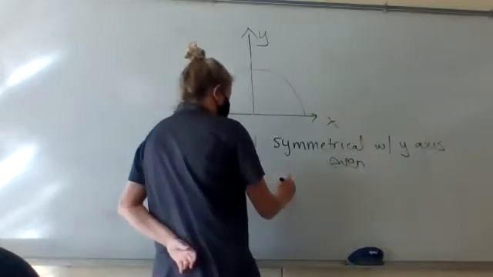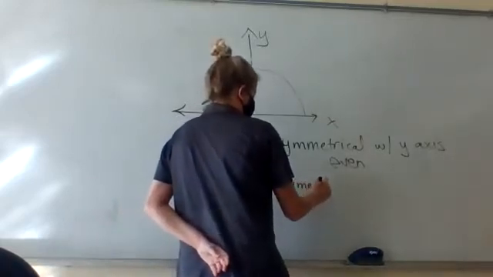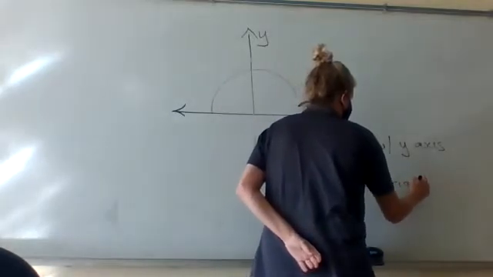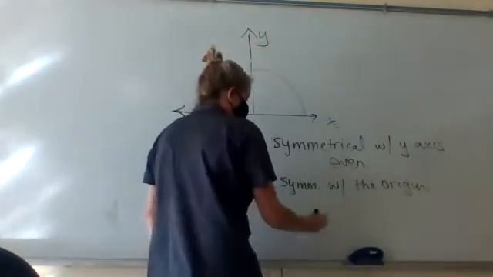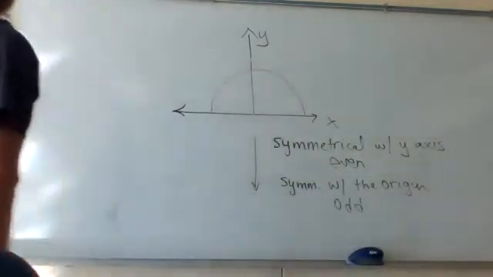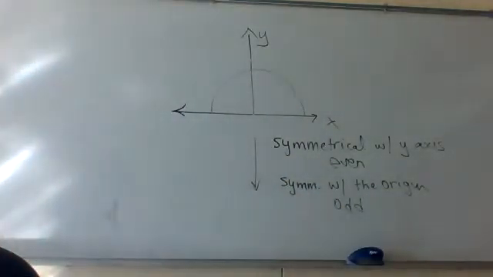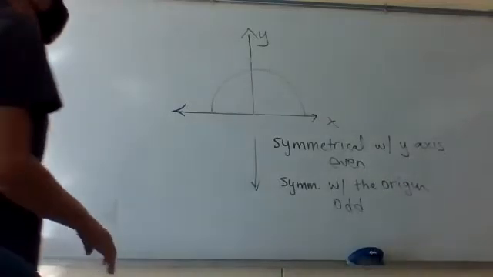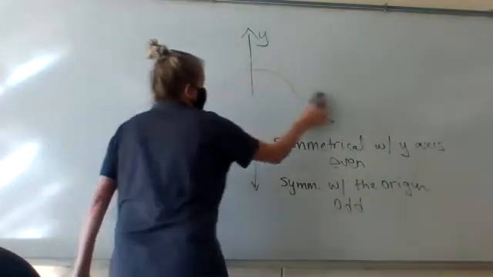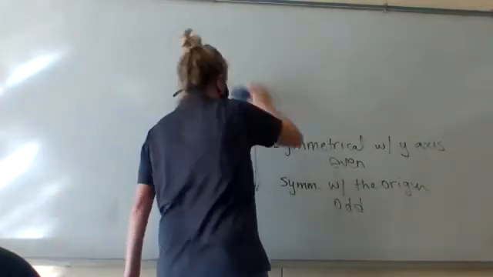If it is symmetrical with the origin, then it is an odd function. Okay? An example of something that would look like an odd function. Okay, again, that's even, since it's the same on both sides of the y.